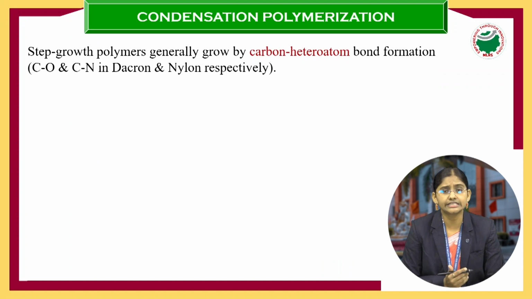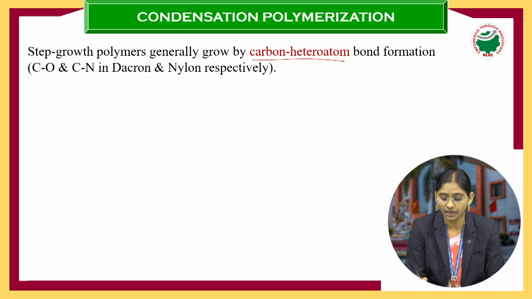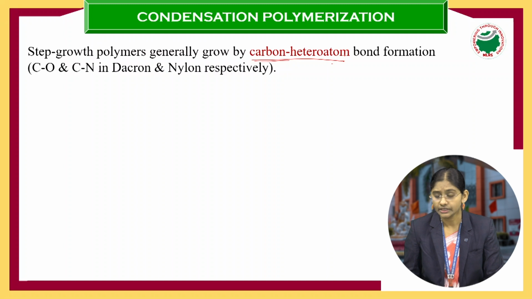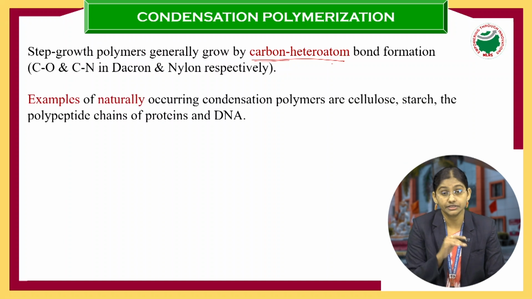Now how does this step growth polymerization take place? It involves carbon and heteroatoms. In addition polymerization, which we discussed with an example, all along the polymeric chain the carbon atoms are attached, that is, all the atoms are similar.